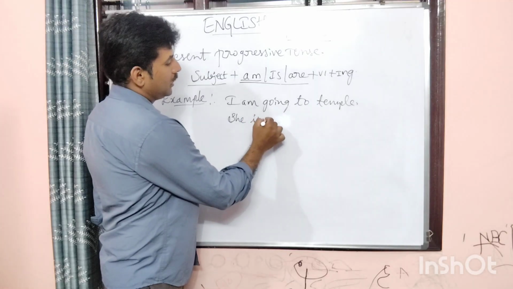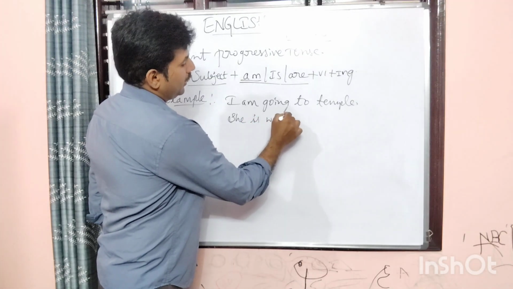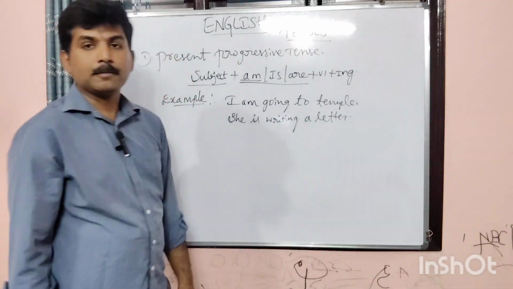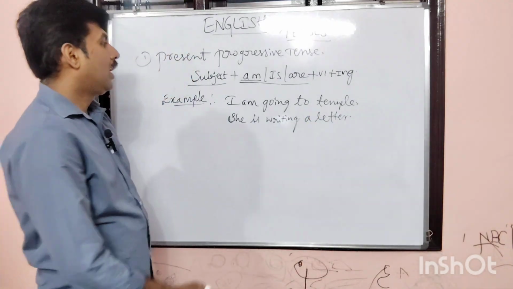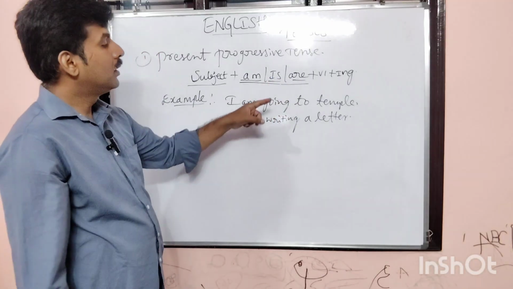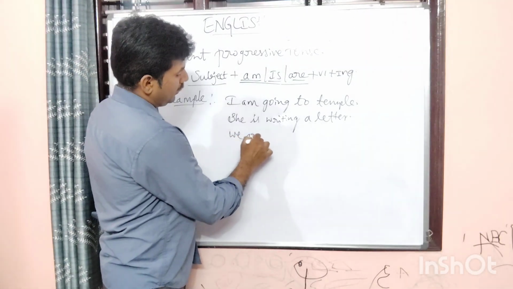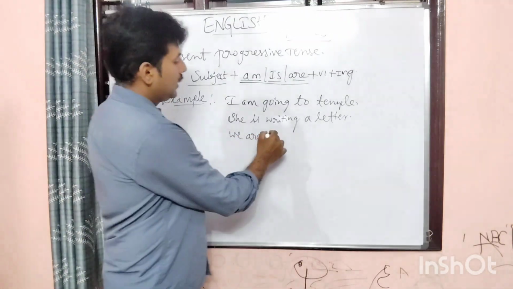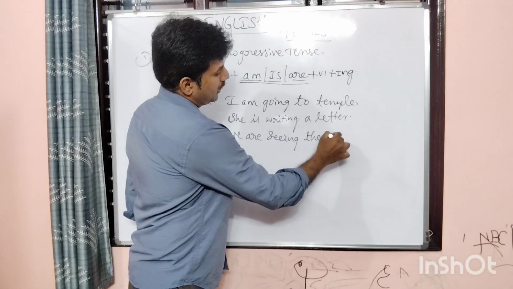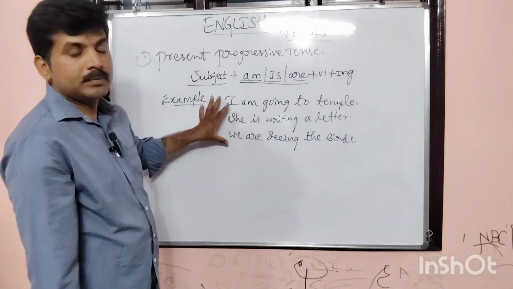She is writing a letter. Okay, then are, I already told like that. We are seeing the birds. Okay, this type of category.